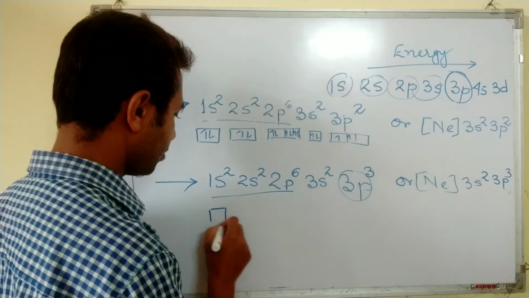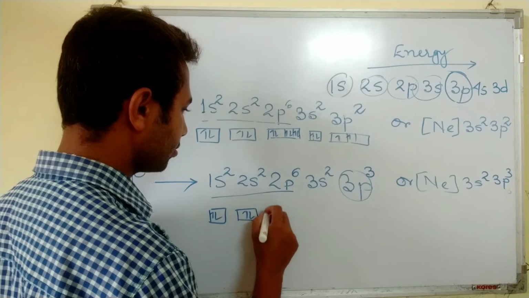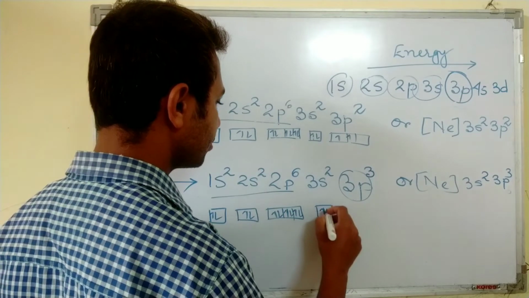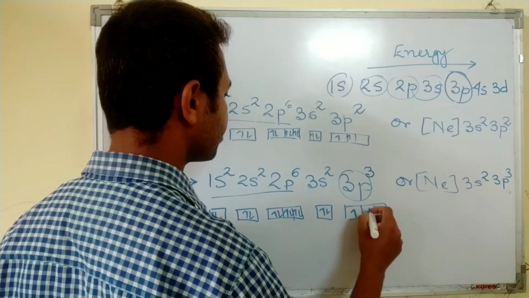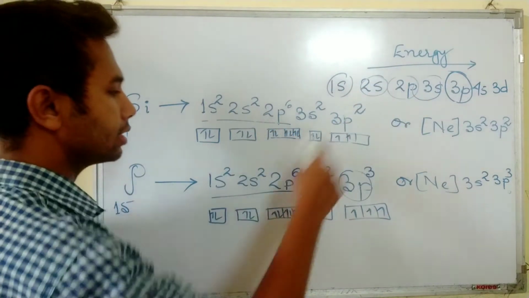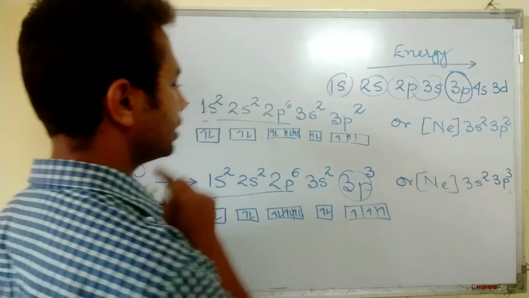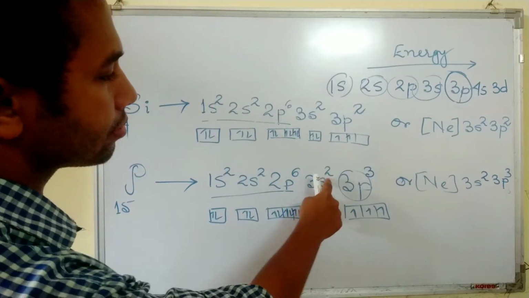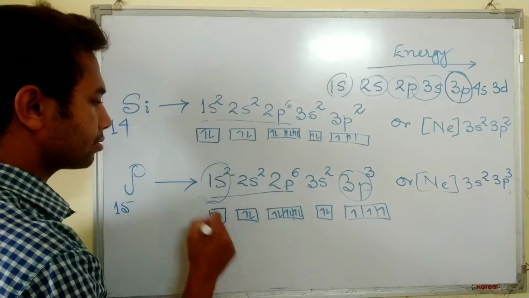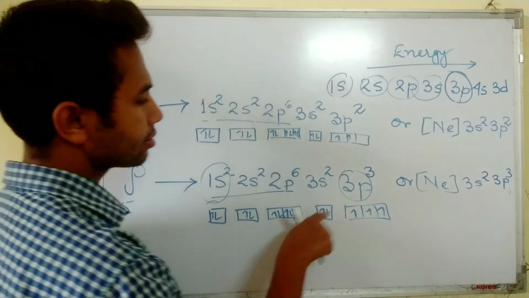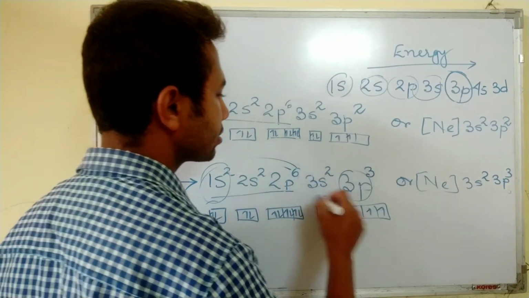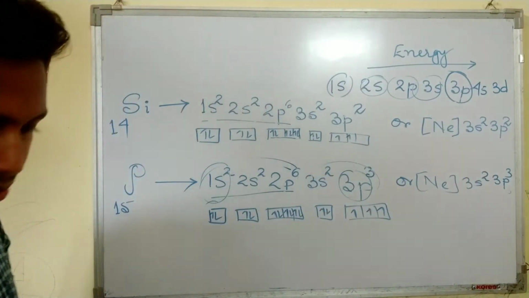Here you see 1s2, 2s2, 2p6, 1 2 3 4 5 6, 3s2, then 3p3, 1 2 3. 2 plus 2, 4 plus 6, 10 plus 2, 12 plus 3, 15. So here 1s2, 2s2, 2p6, 3s2, 3p3, or you may write this as neon 3s2, 3p3.